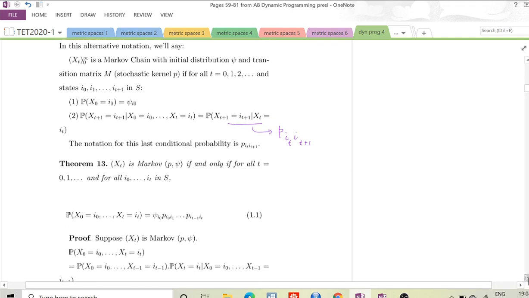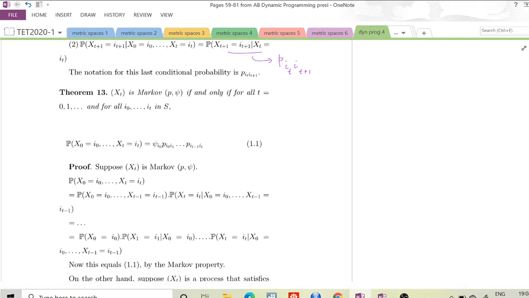And one of the main preliminary results of a Markov chain is this: if you give me the initial distribution psi and the stochastic kernel P, and you ask me, what is the probability that this Markov chain has taken the following path, that x_0 was some state i_0, x_1 was some state i_1, all the way through x_t was some state i_t?